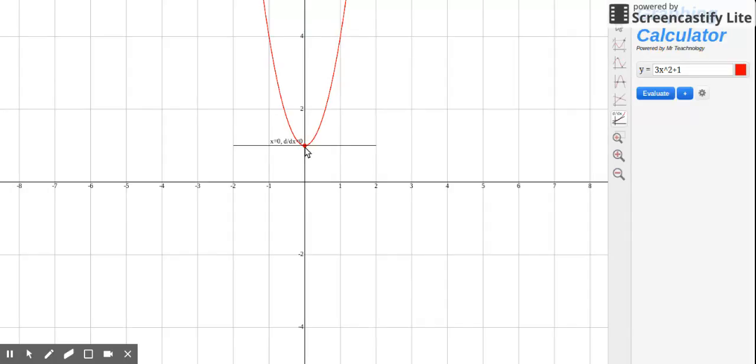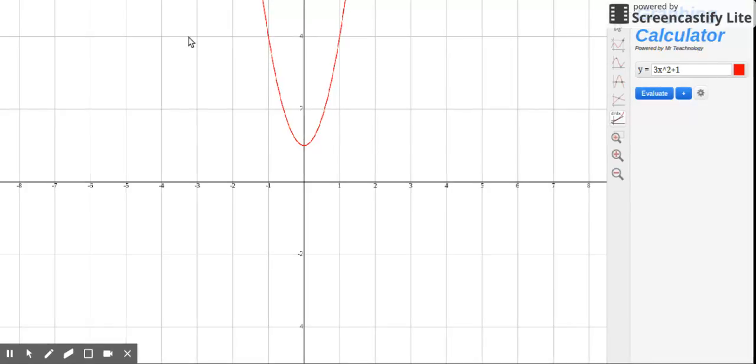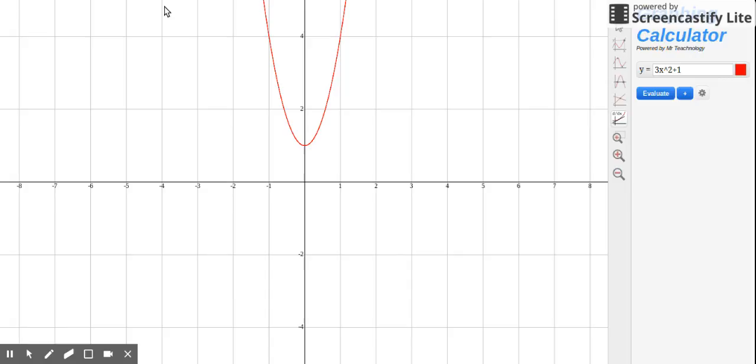You can see there x is equal to 0, and that d over dx is equal to 0, and that actually represents the slope. So as you can see, the slope of the line is 0, and notice that that line is parallel to the x-axis. It's a horizontal line. All right, let's go up here and start working this thing out.